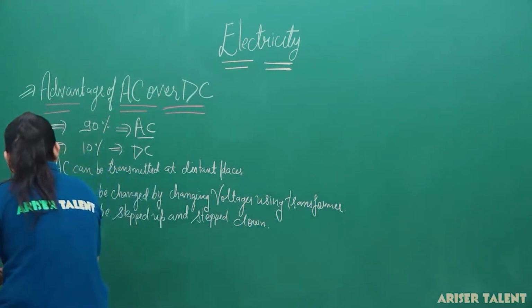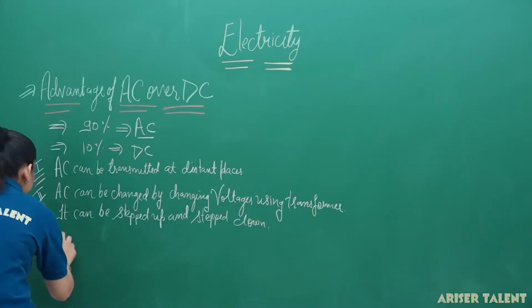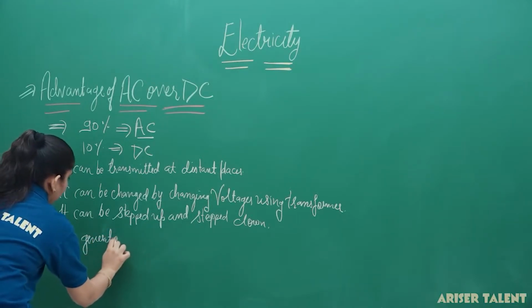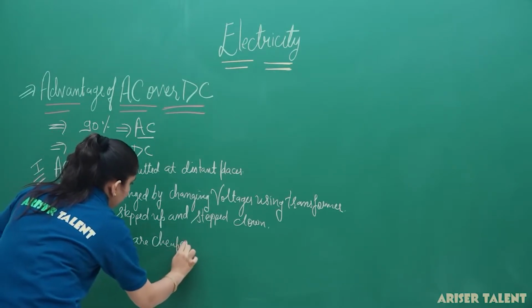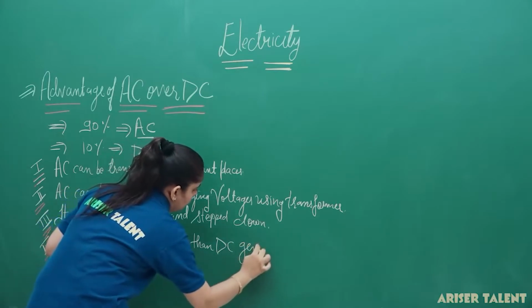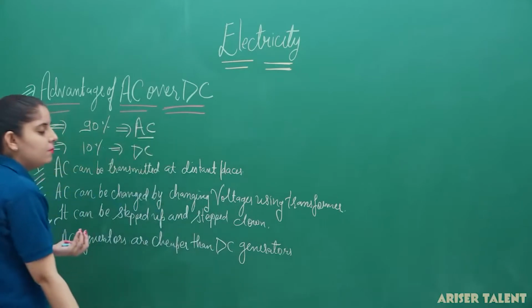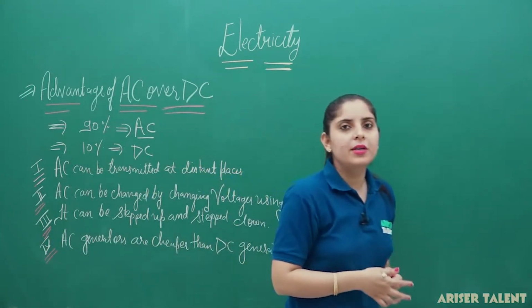So, AC generators are cheaper than DC generators. So, these are some of the advantages of AC over DC.